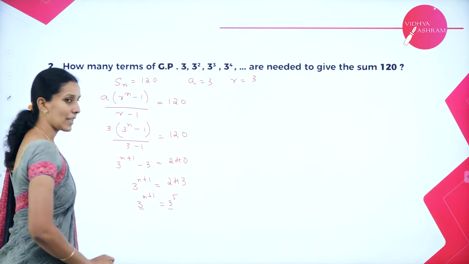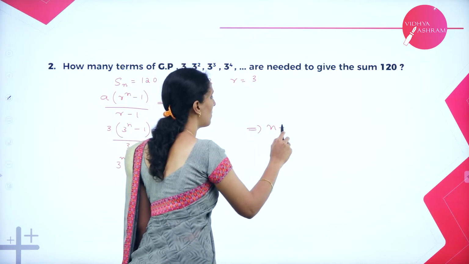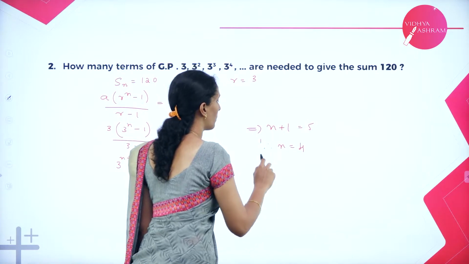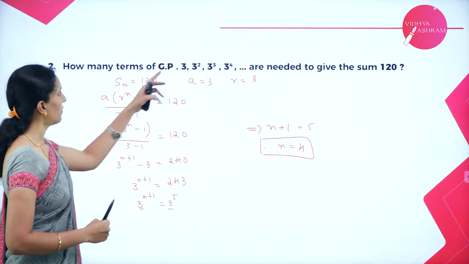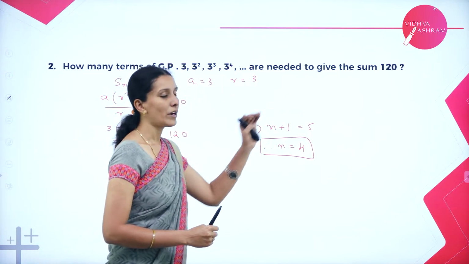Since bases are same, powers can be equated. So this implies n plus 1 is equal to 5. So therefore n is equal to 4. So when you add 4 terms, that is the first 4 terms, then you will get the sum as 120.